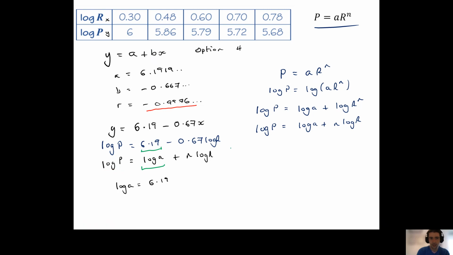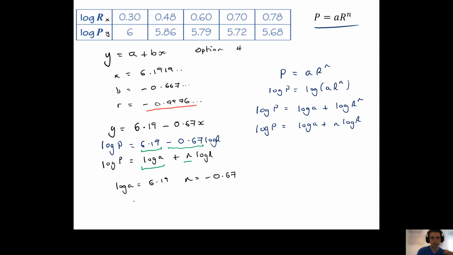And then the other thing I've got here is log r in both cases, but here where I've got n, I've now got negative 0.67. So from this, I can conclude that n is equal to negative 0.67.